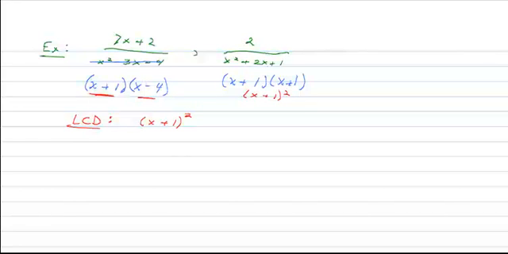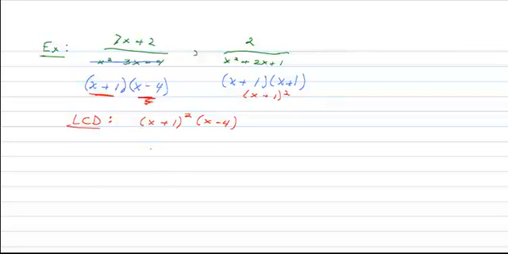And now we need x minus 4 as a factor. And that occurs once in the first expression and not at all in the second. So we have all the factors of the first denominator, and we have all the factors of the second denominator. We are done. This is our LCD.